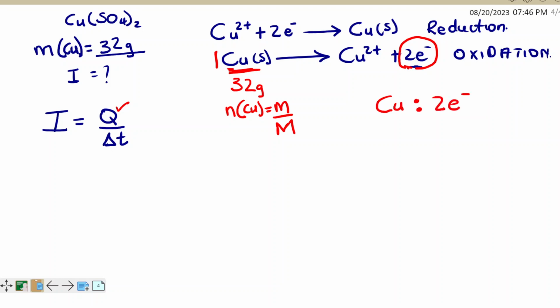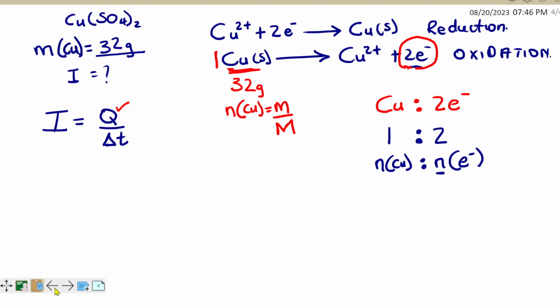So the ratio here you can see is 1 of the copper provides 2 of the electrons. So if we know the number of moles of the copper, then we can know the number of moles of the electron.